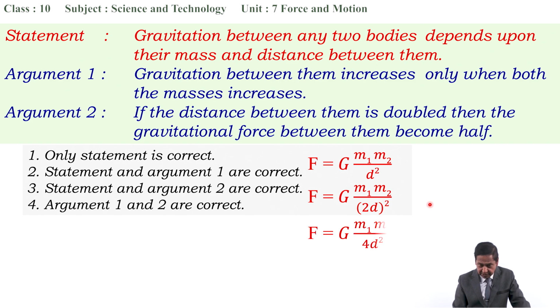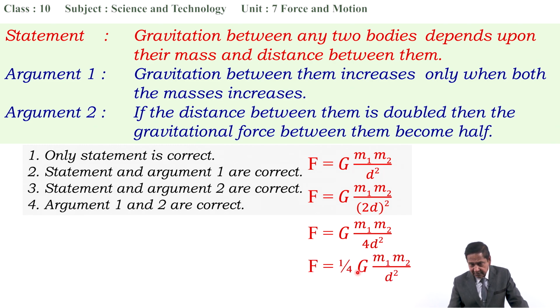Now let's go to another step. Now we'll have G m1 m2, 2 square means 4, d square is here. Now if we take this 1 by 4 to this side, then what is found at last? The new gravitational force is 1/4 of the previous gravitational force, isn't it?